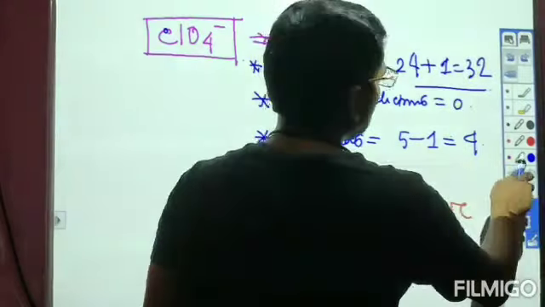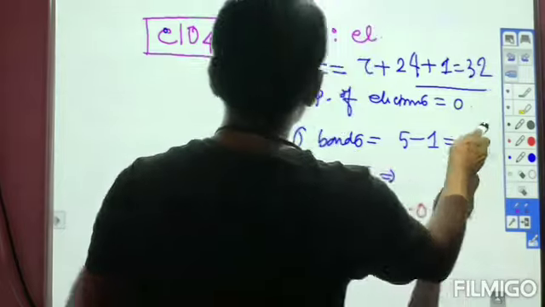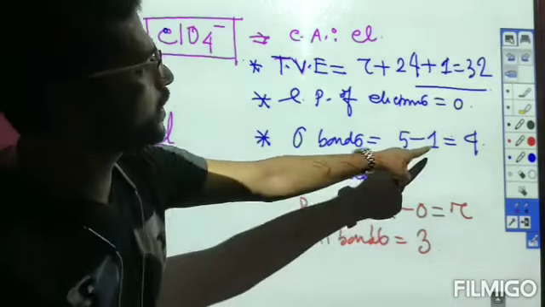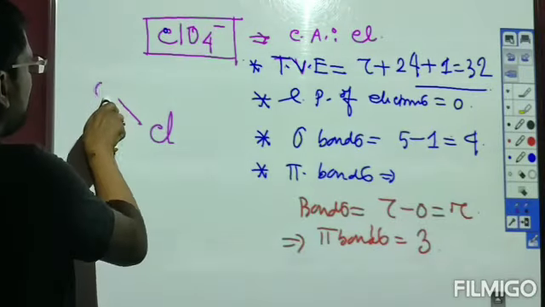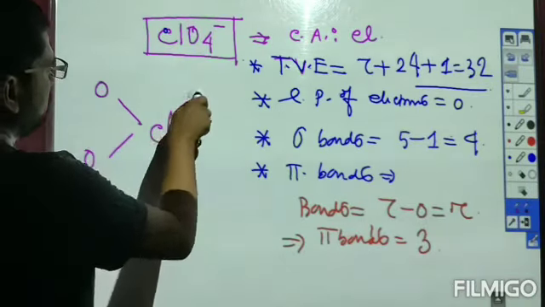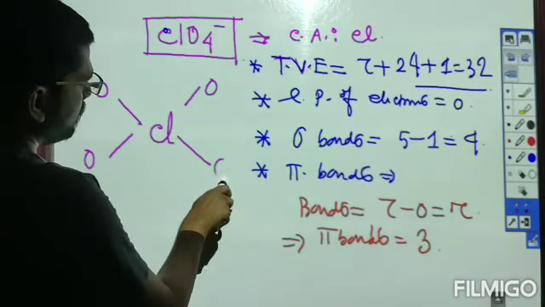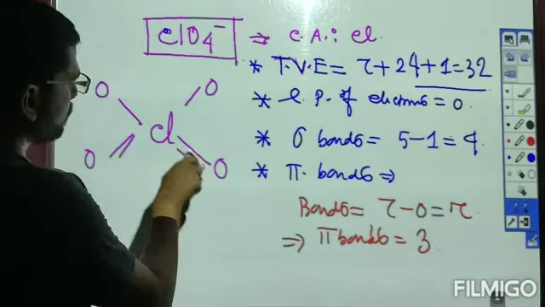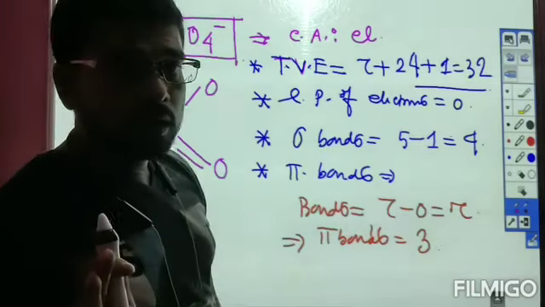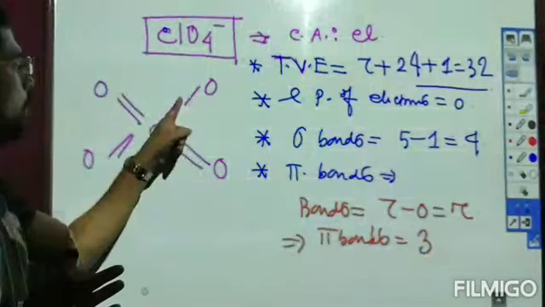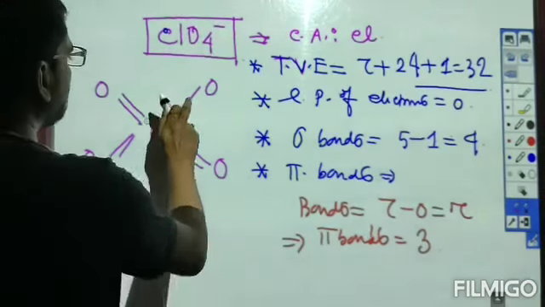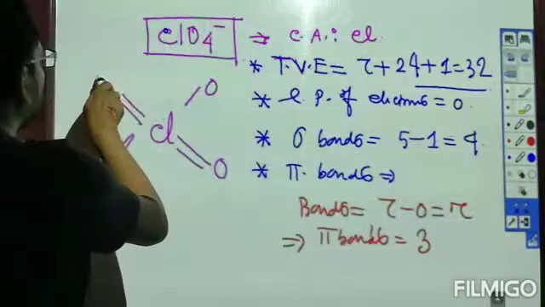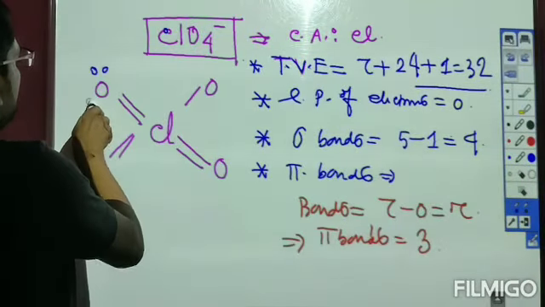Now try to draw the structure. Okay, Cl center. How many number of sigma bonds? 4 sigma bonds. Okay, 1, 2, 3, 4 sigma. 3 pi bonds. 1, 2, 3. That's all done. Cl can form maximum 7 bonds. 1, 2, 3, 4, 5, 6, 7. 7 bonds. Now put electron pair, lone pair of electron.